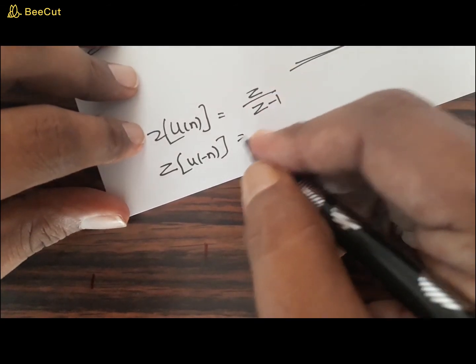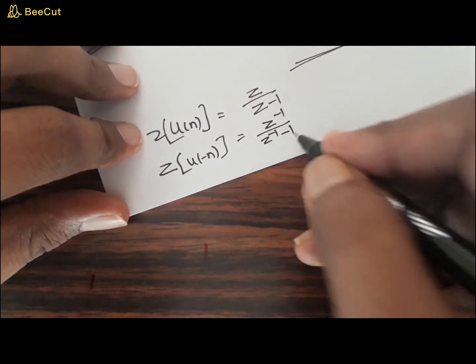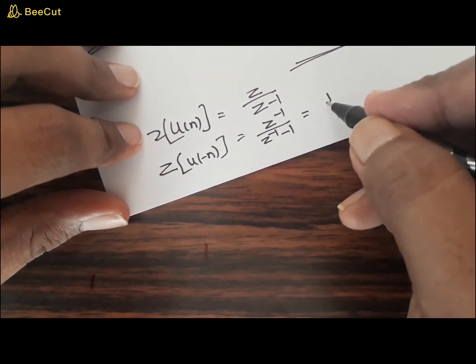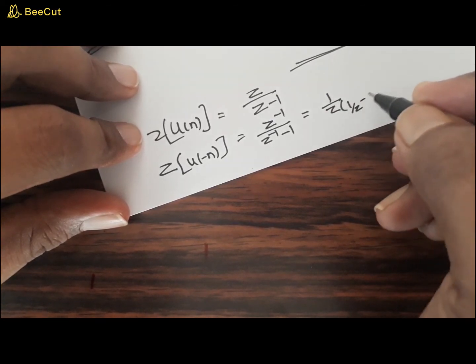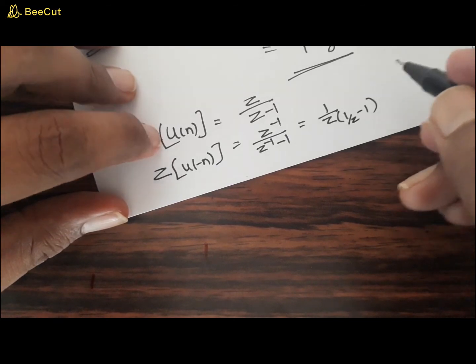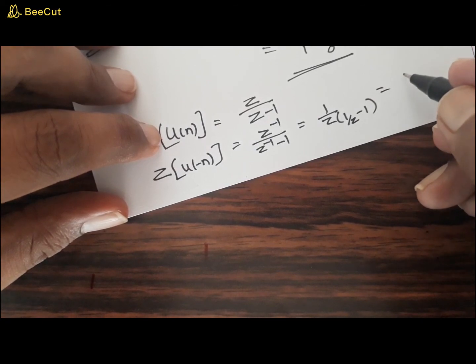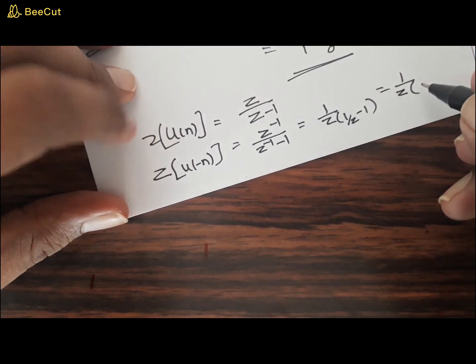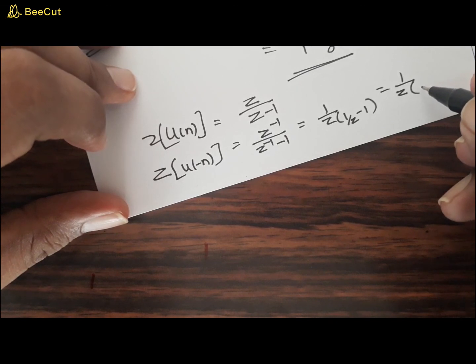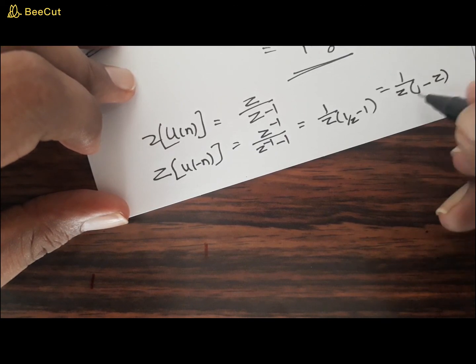So in this example, if you substitute, this becomes 1 by z divided by 1 by z minus 1, which is 1 by z into 1 by (1 minus z by z).